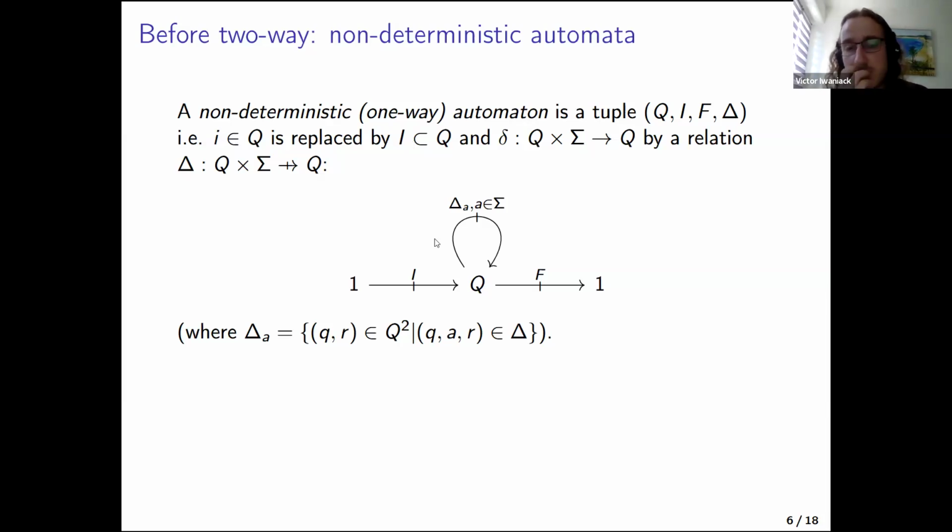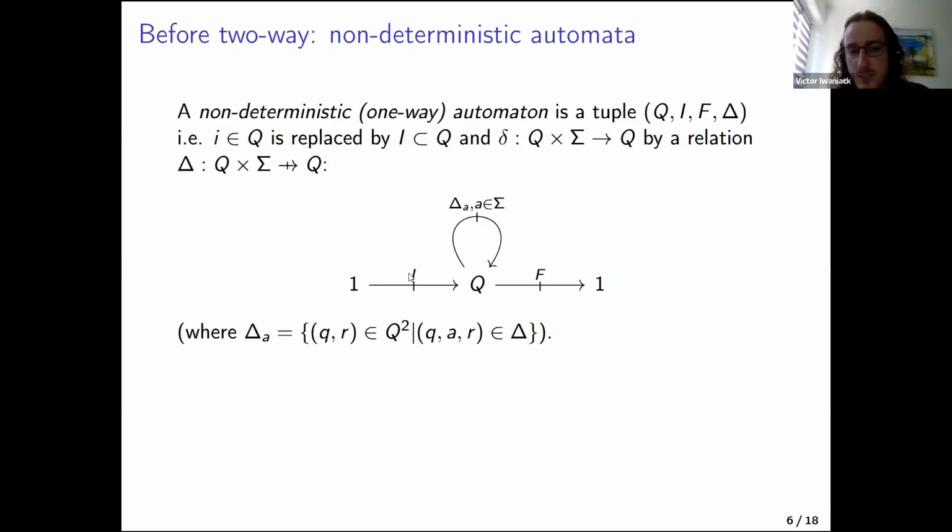And you still have a functorial representation. It's also shown by Colcombet and Petrişan. And why does it work? Well, this time, if you take one to be a one-element set, you can encode a subset as a relation from or to a singleton.